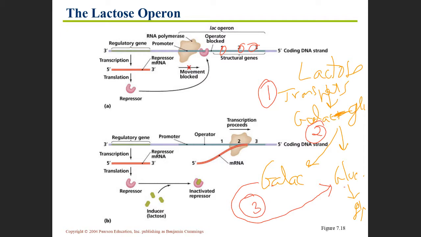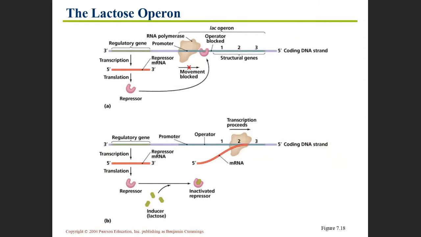If you have lactose around, if you're going to use lactose, you're going to need all three genes. So that's why the operon controls all three genes together. This is the deal, though. Cells prefer glucose. In the presence of glucose, the lac operon is turned off.